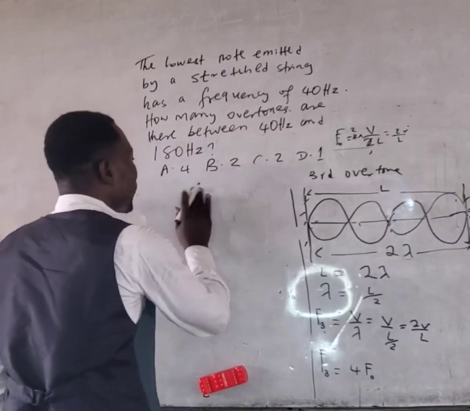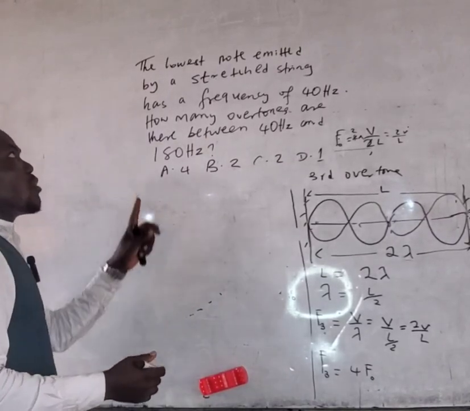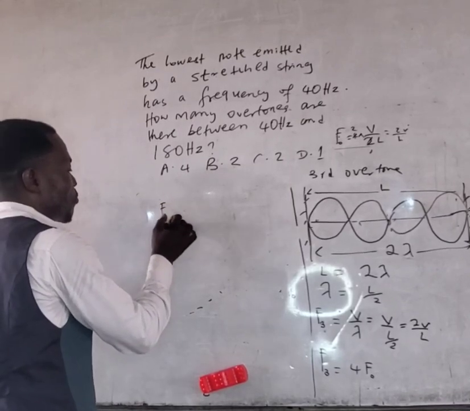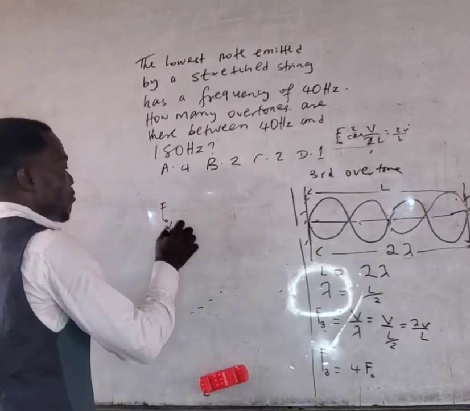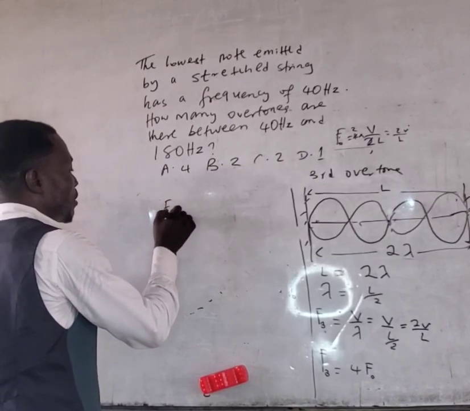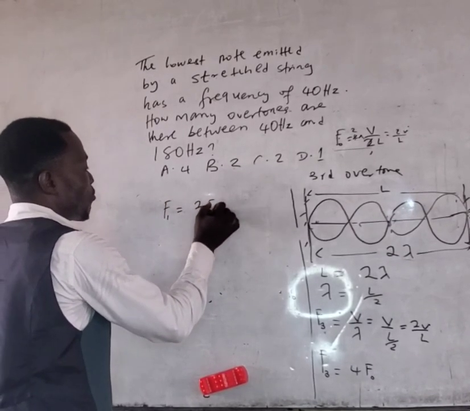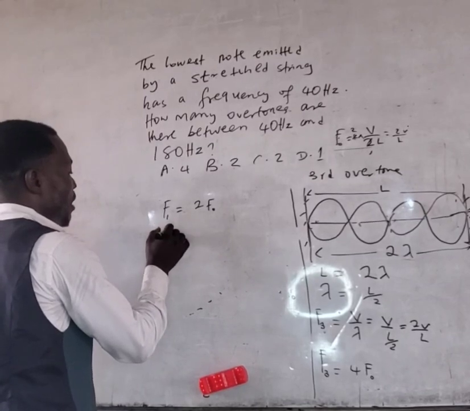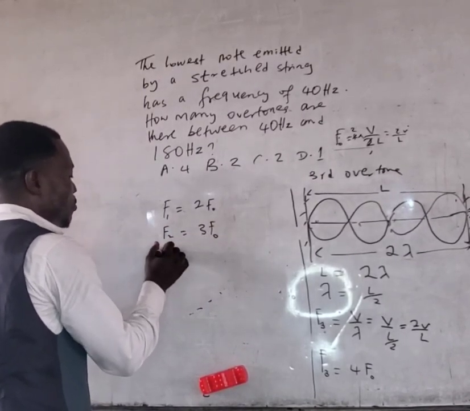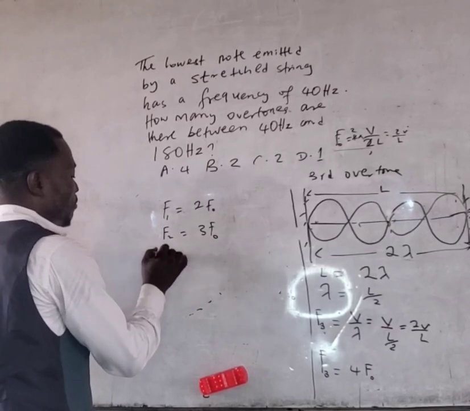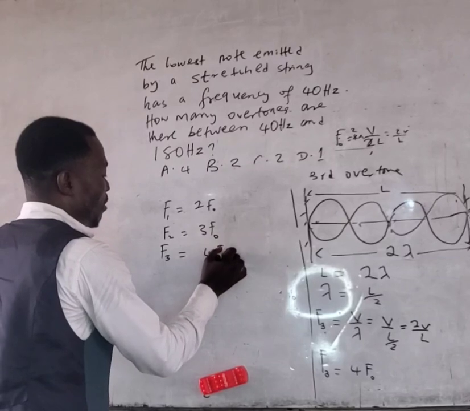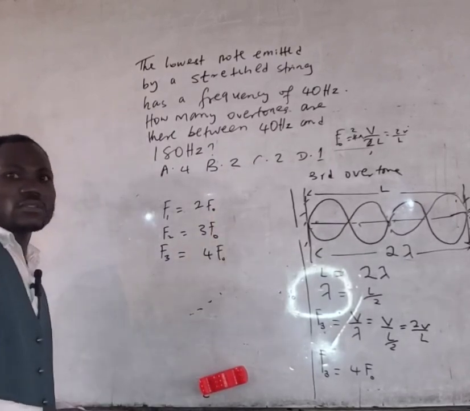So that gives us the overtones for a vibrating string. After you have gotten your fundamental frequency, the first overtone, F1, is 2FO. Second overtone, F2, is equal to 3FO. Third overtone, F3, is 4FO, and so on.